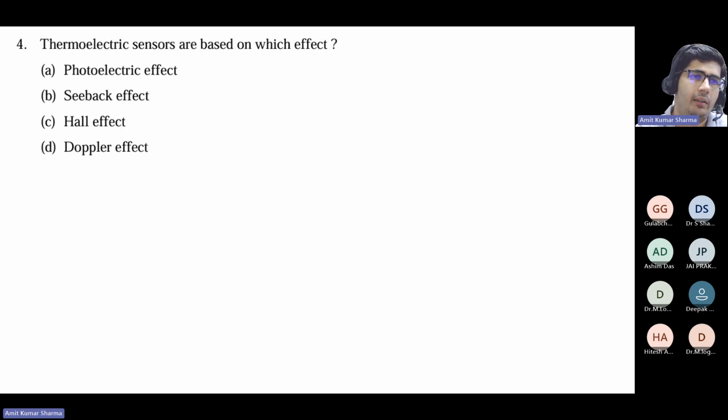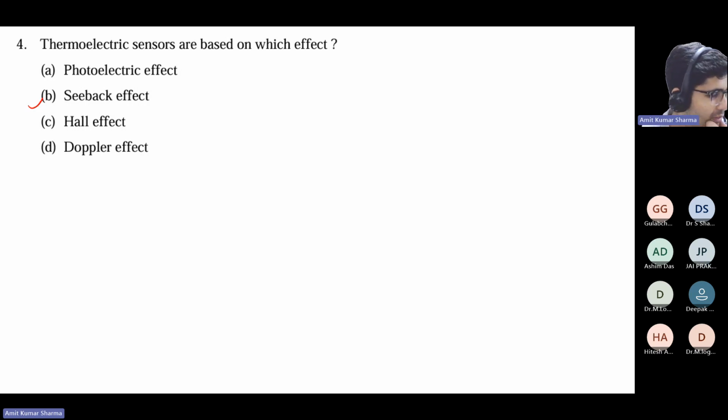So what is the Seebeck effect? Two dissimilar metals are connected at two joint points. A temperature difference is given, and due to that some current flows between the metals. Right.